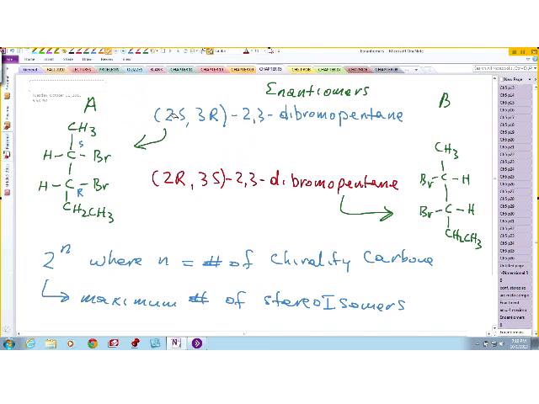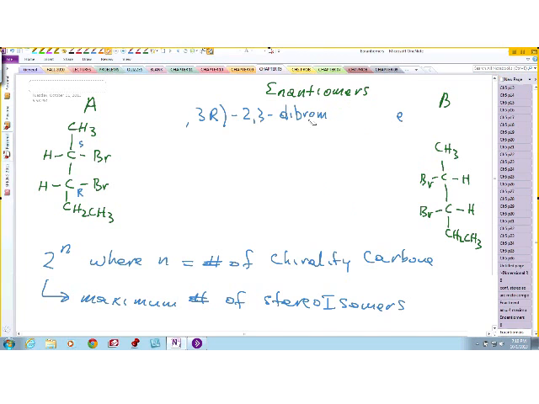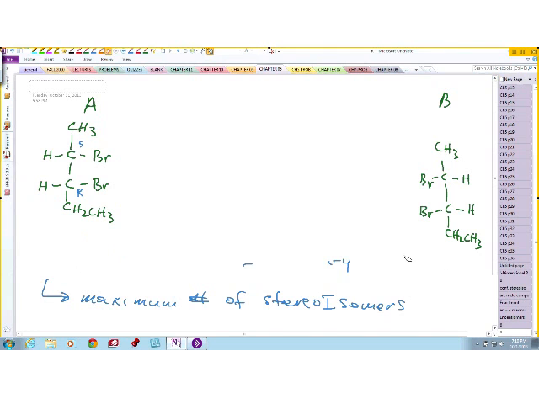Very good. Maximum number is 4. If maximum number is 4, of course, A and B are enantiomers, so those are 2. Let us see the other 2.